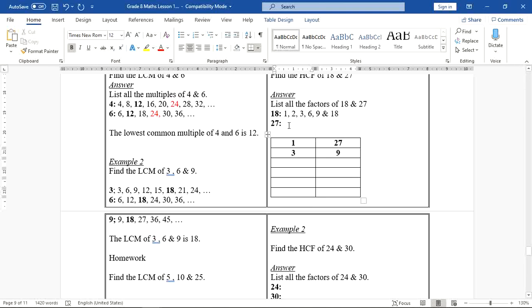So the factors of 27 are 1, 3, 9, and 27 itself. So 27 has only 4 factors: 1, 3, 9, and 27. So now we can say that.